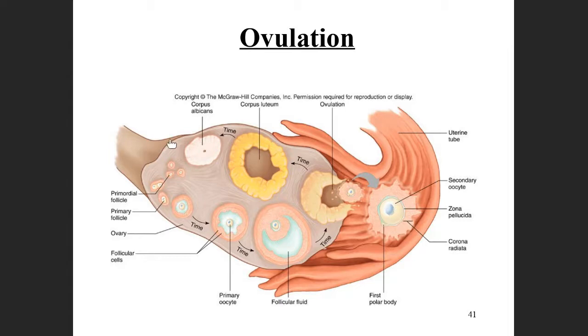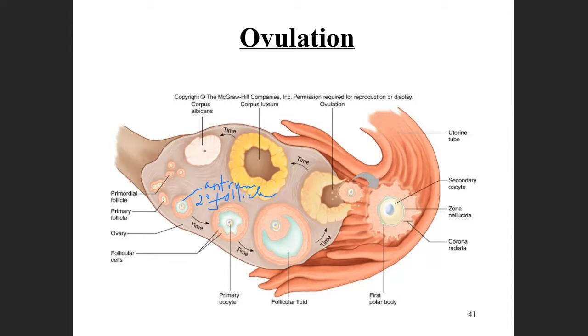So again, follicle development: the primordial follicle becomes the primary follicle, and then the secondary follicle. The difference between primary and secondary is the presence of the liquid known as the antrum. The liquid here is the antrum, and the antrum marks the secondary follicle.